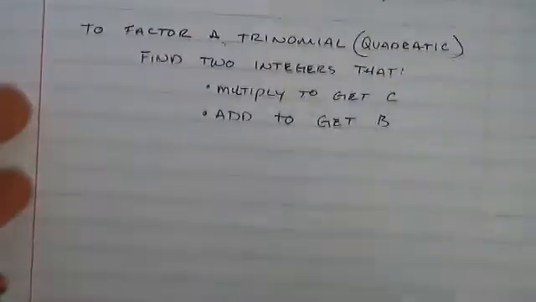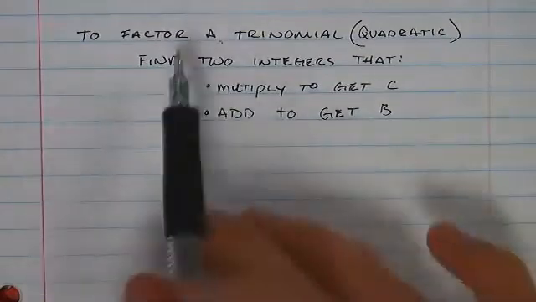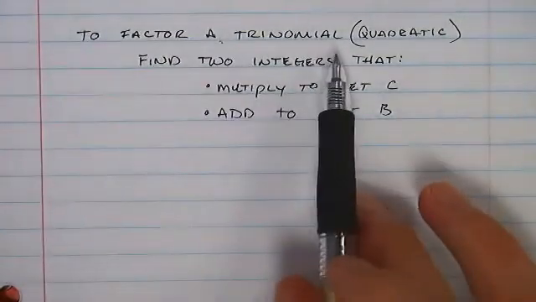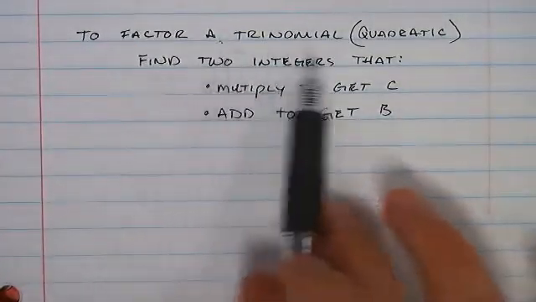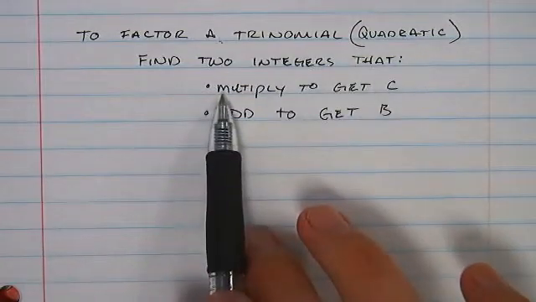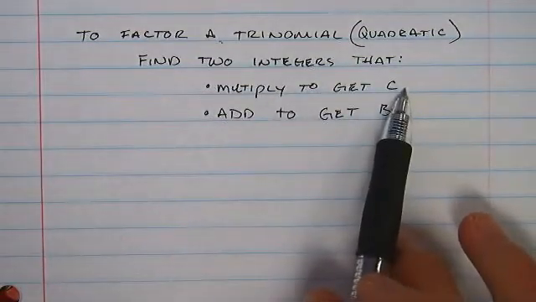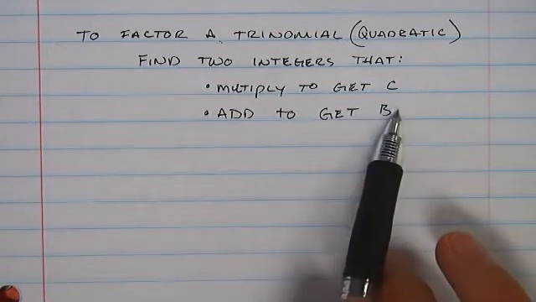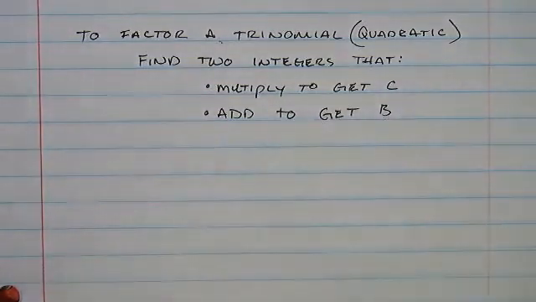All right. So we have to do this, to factor a trinomial, we want to find two numbers that when multiplied give me the C value, but when added give me the B value. And so this is where the fun begins for me, right?